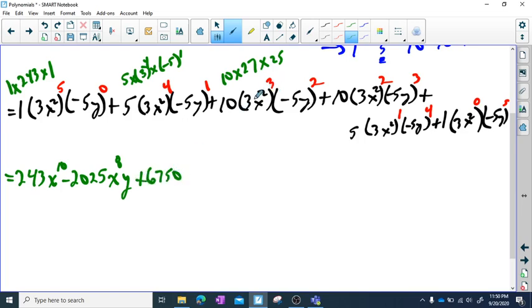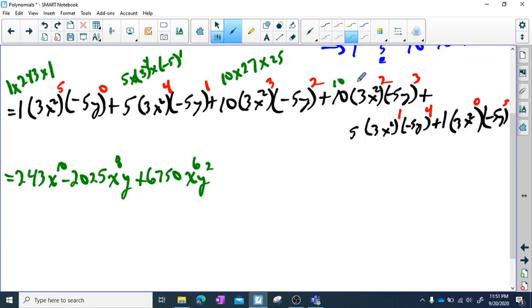The reason it's positive is because 3 cubed was positive, and negative 5 in brackets squared is also positive. And then you have your 10, so it's 3 positive numbers. X would be to the 2 times 3, 6. Y would be to the 1 times 2, y squared.